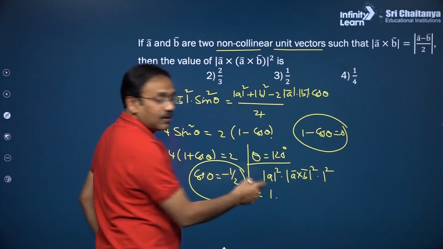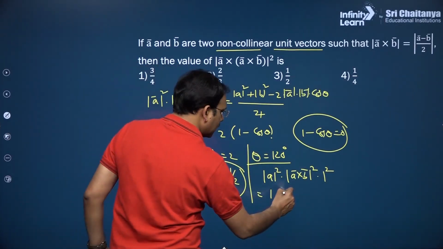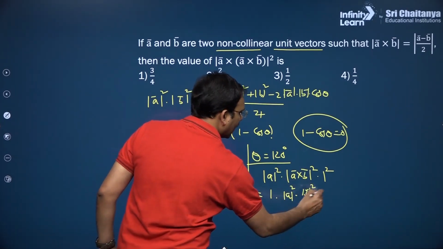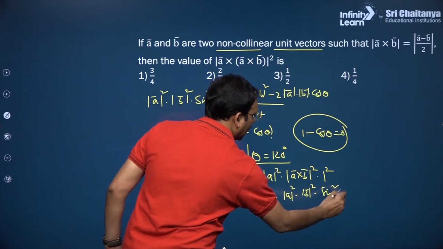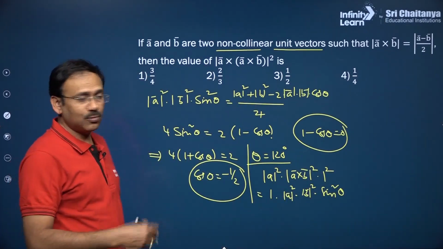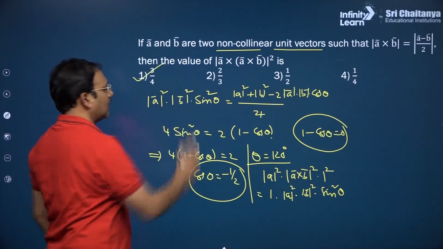This is again 1. A cross B magnitude square is magnitude of A square into magnitude of B bar square into sin square theta, my dear friends. Theta is 120, sin 120 is root 3 by 2, whose square is 3 by 4, that's all.